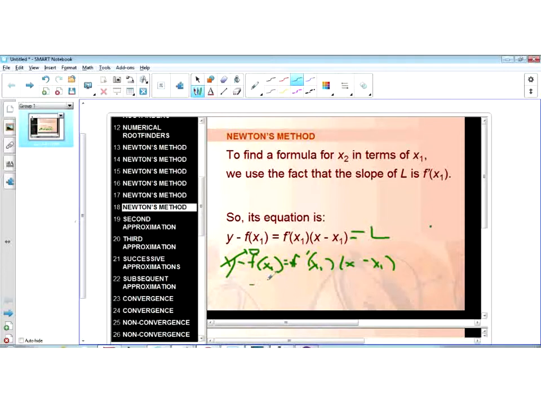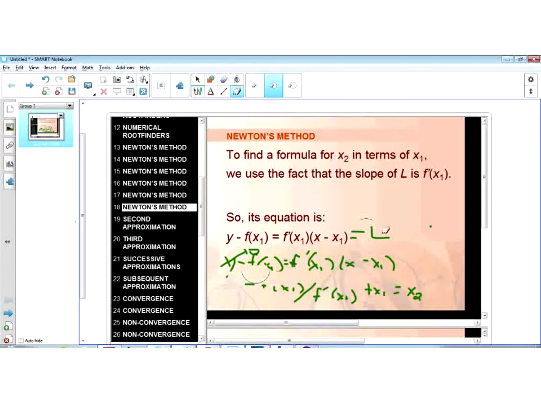Okay, so we have negative f of x sub 1 over f prime of x sub 1, plus x sub 1, is equal to x, which is effectively x sub 2. So that would be the x-intercept, right?